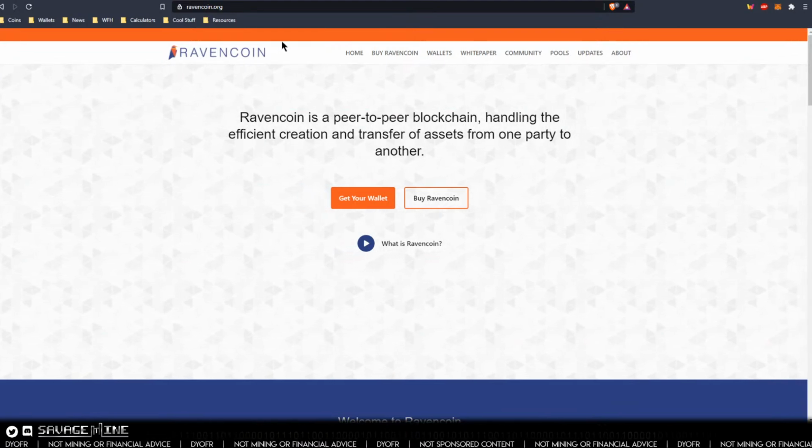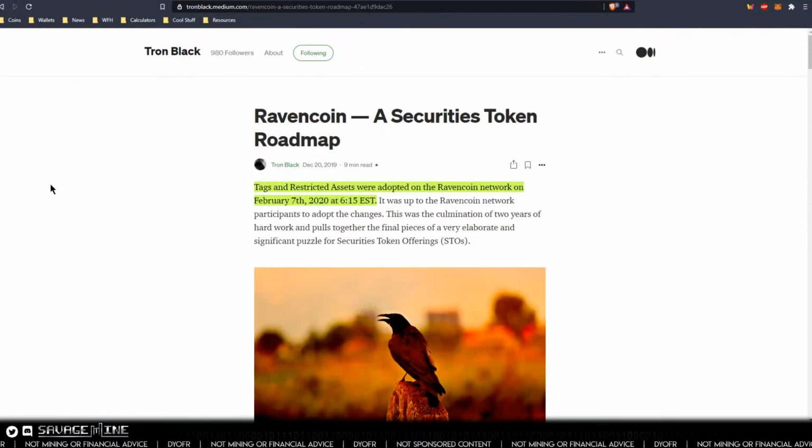So what is an STO, and how does it solve a compliant issuance? Whenever you are issuing tokens, basically ownership shares of a company, you have to comply with, in the US anyway, US securities acts, rules and laws.